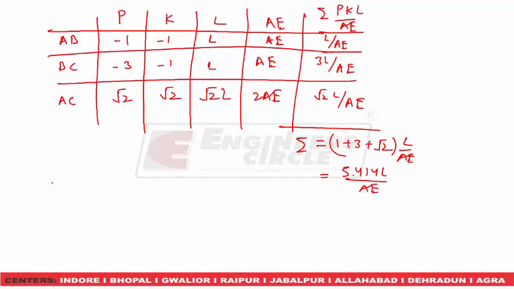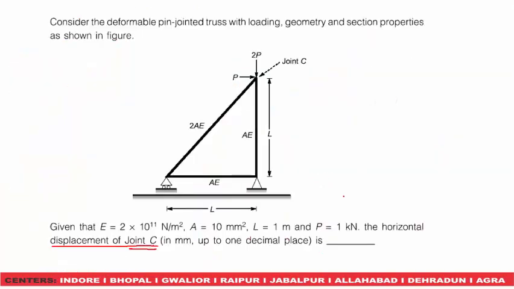So our horizontal deflection delta at C will be equal to 5.414 into L by AE. Putting the values, since the unit load given to us is 1 kilonewton, we should write the modulus of elasticity in kilonewton per meter square. So E is 2 into 10 to the power 11 Newton per meter square, that is 2 into 10 to the power 8 kilonewton per meter square.